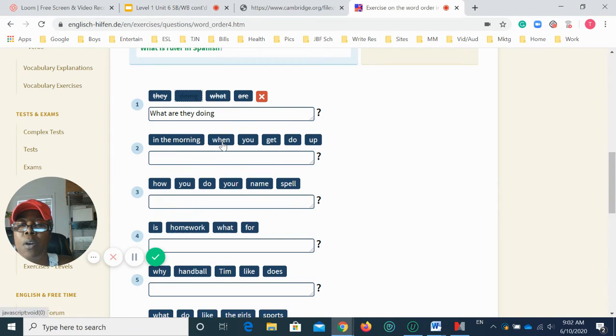Number 2, our question word, when do you, what's next? Get up in the morning. Okay, very good. Next, what's our question word?